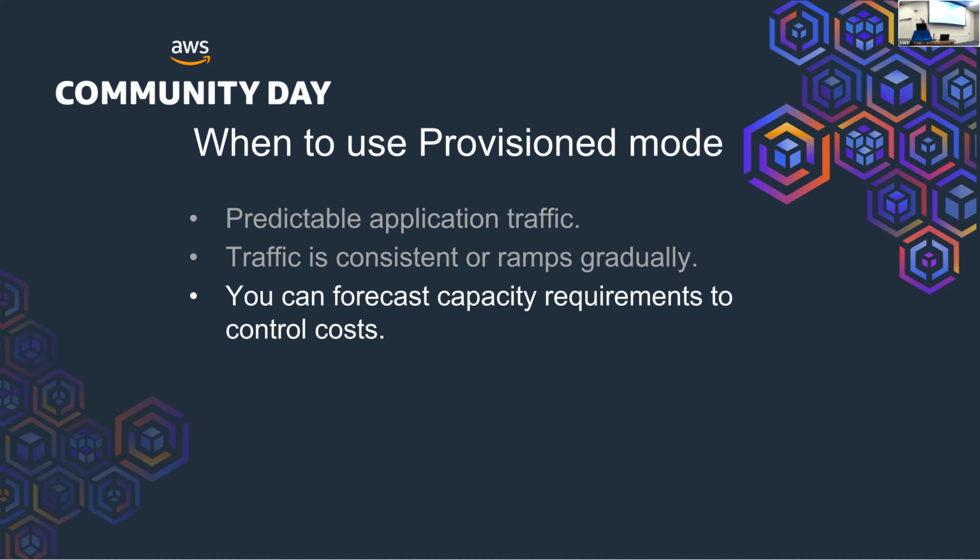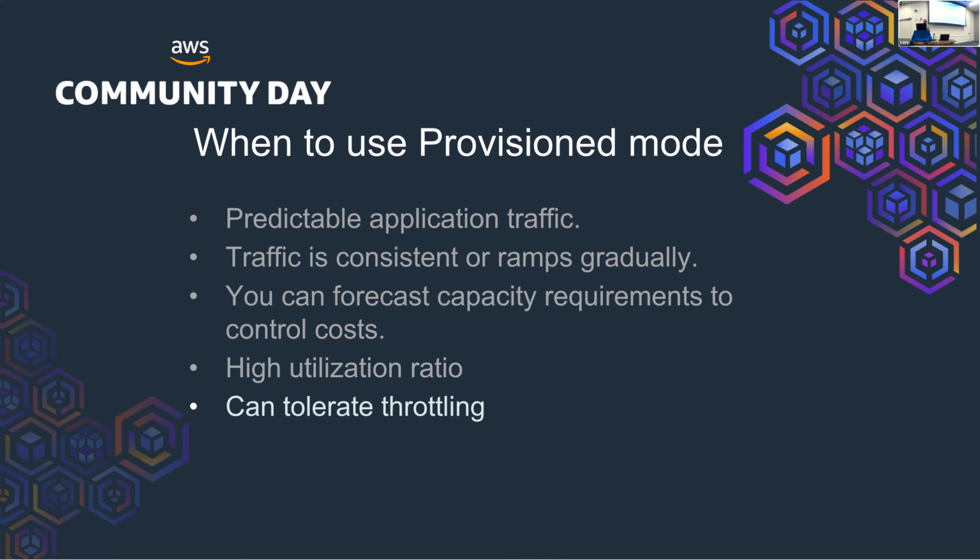So from Black Friday to New Year, but as long as you know in advance, you can plan for it. And I talked about high utilization ratio. So if you have predictable application traffic, you can always tweak this number to get a high utilization.